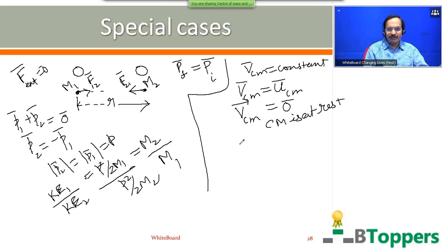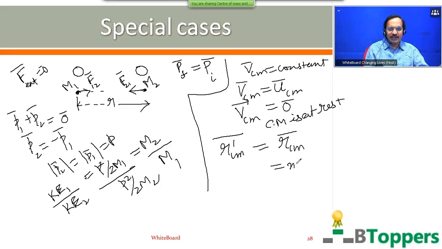The position vector of the center of mass of the system of the two particles with respect to a fixed origin O will be constant. So the position vector of the center of mass of the system at a later instant is equal to the position vector at the earlier instant.